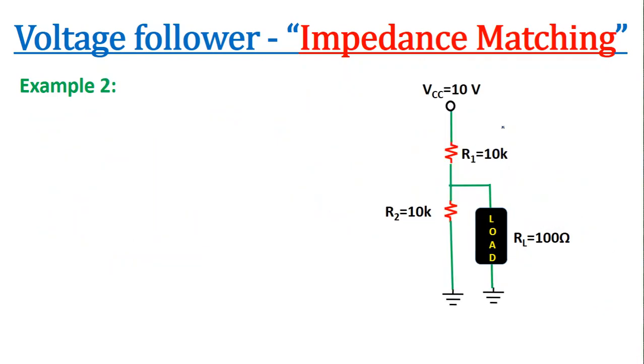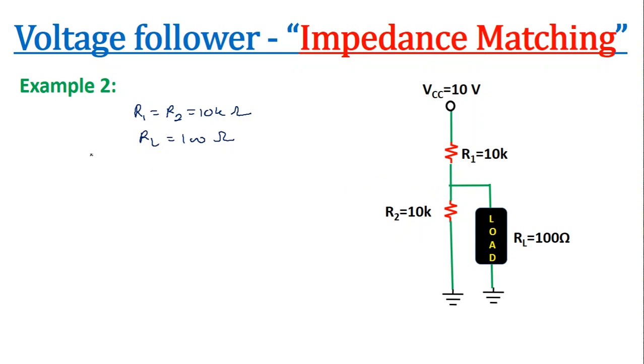Now let us take another example. Here we have taken another potential divider circuit to understand the loading problem. So here we have taken R1 equal to R2 equal to 10k again, but the load resistance is decreased and taken as 100 ohm, as you can see in the diagram.